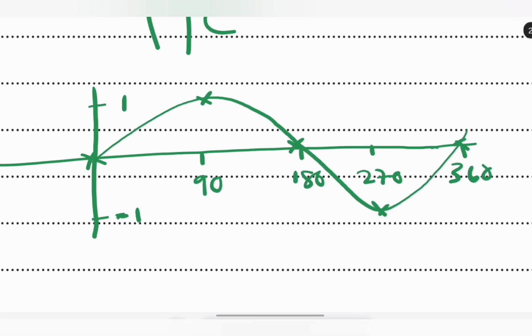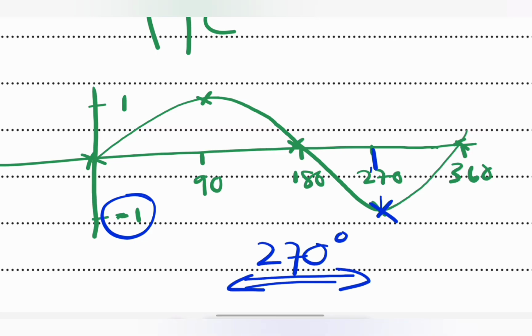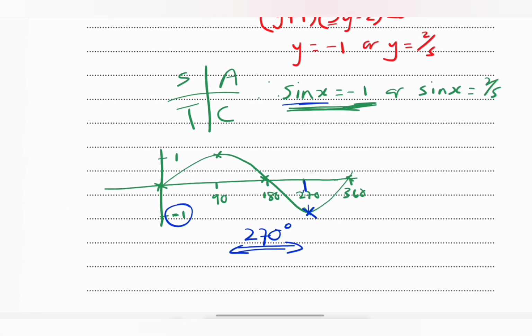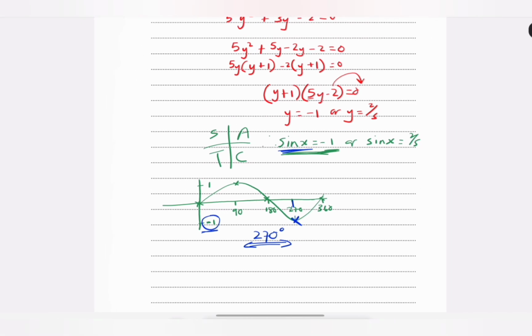And as you can see, when sine x is equal to minus 1, it's only at 270. When sine x is equal to minus 1, we get 270 degrees. And I find this easy because you're just looking at the graph. The sine x is minus 1, we have it at 270 degrees, and that's that.